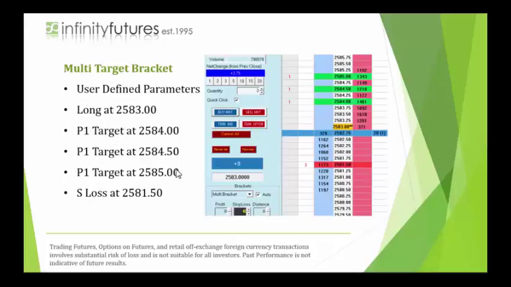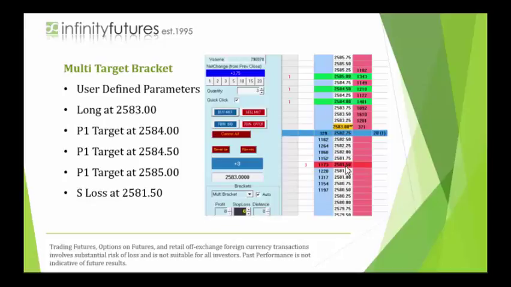So in this particular example, we have a 3-lot long position at a price of 25.83 even, and we've set up our OCO automatically ahead of time so that when this fill happens, it automatically puts 3 separate profit targets for the trade. The first one is at 4 ticks above the entry price, the next one is at 6 ticks, and the third one is at 8 ticks.